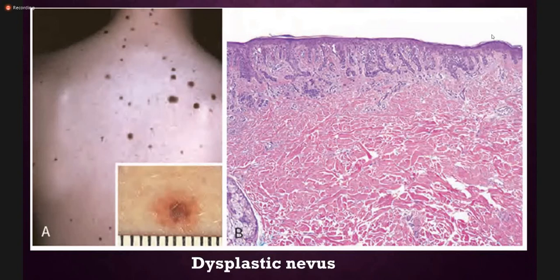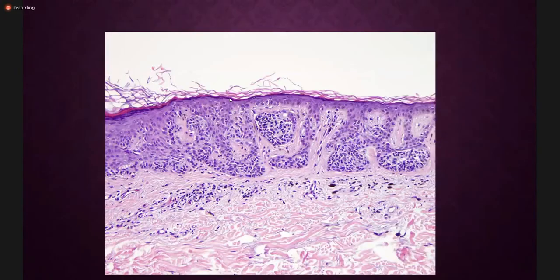So this is a microscopic picture of the dysplastic nevus. You can see that these are the rete ridges which are irregular in shape, and some rete ridges are fused here. Look at this. So this is a dysplastic nevus. You can see there are proliferations of melanocytes here, and these melanocytes are proliferating and causing the rete ridges to fuse with each other.